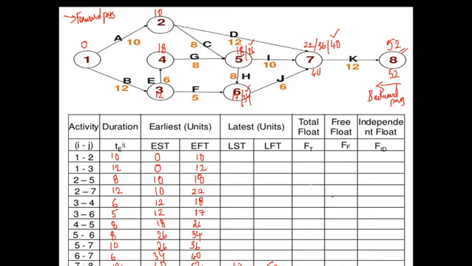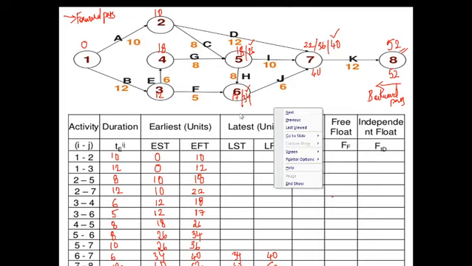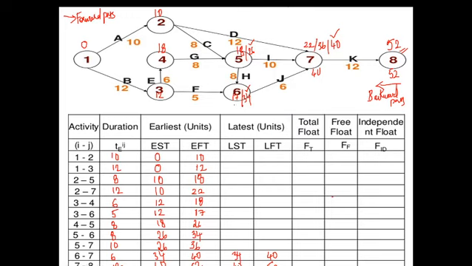What is the latest finish time? The latest finish time is 40. Write it as 40 over here. 40 minus 6, duration is 6. So it is 34. We need to write 34 here downwards.